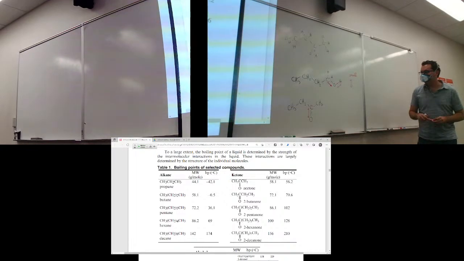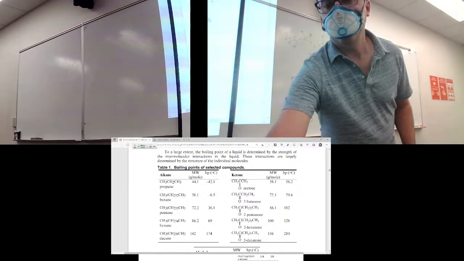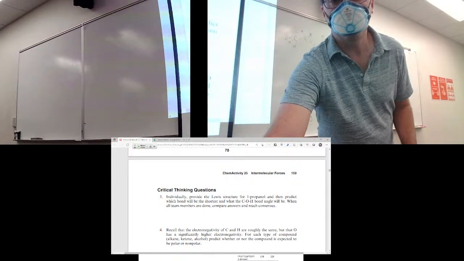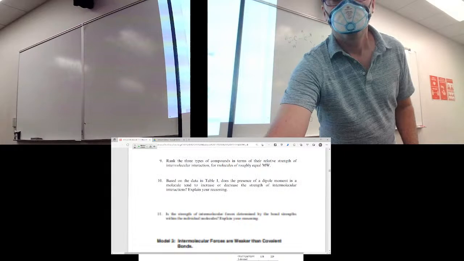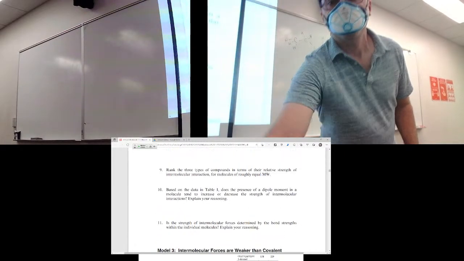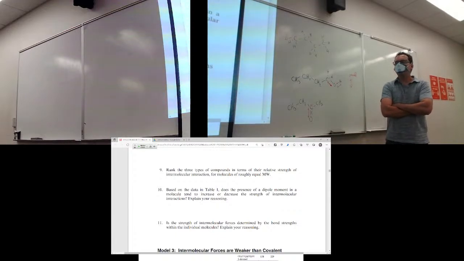So there's a dipole moment in this molecule as well. And the fact that there's a dipole moment means it's going to have stronger intermolecular forces. Alkanes do not, so they have a low boiling point, weak intermolecular forces. So dipole moments increase the intermolecular force strength, yes.